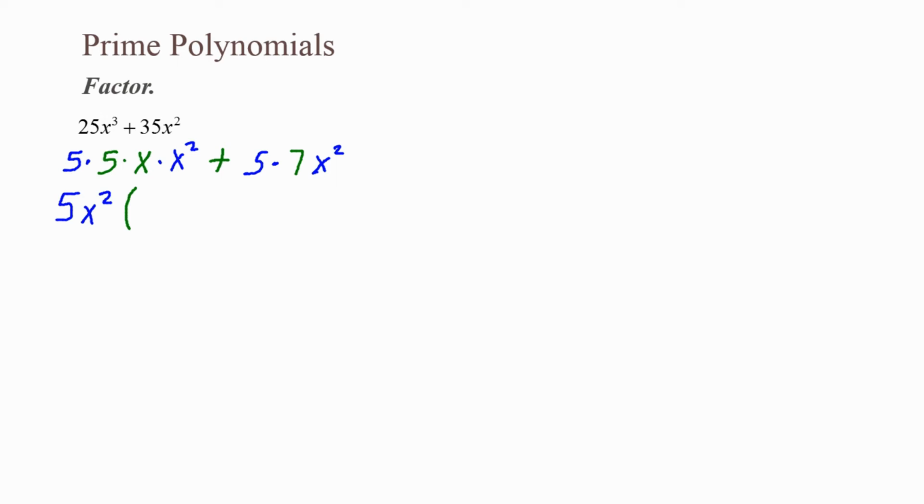If I start out with 25x to the third and I divide out 5x squared, I'm left with 5x plus. If I have 35x squared and I divide out 5x squared, I'm left with 7. 25x cubed plus 35x squared equals 5x squared in parentheses 5x plus 7.